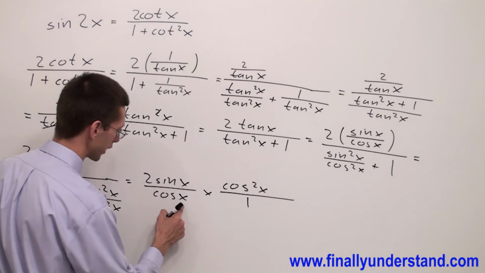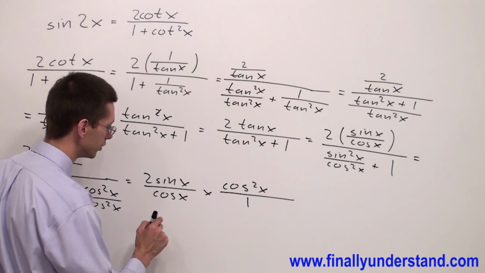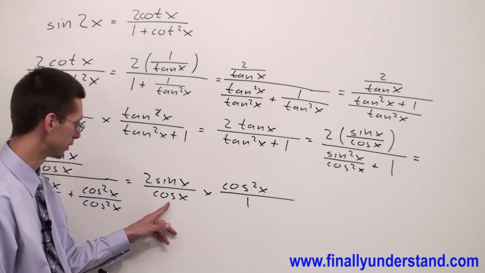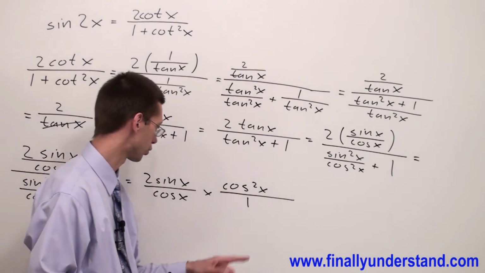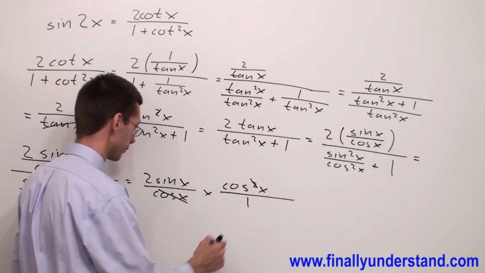Anytime you multiply fractions, you're supposed to check first if you can reduce any denominator with any numerator. Please notice that in this denominator I have cosine x, and in this numerator I have cosine square x. This cosine x will cancel out this square.